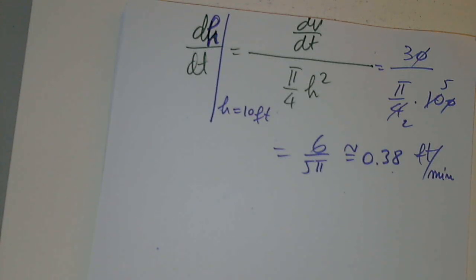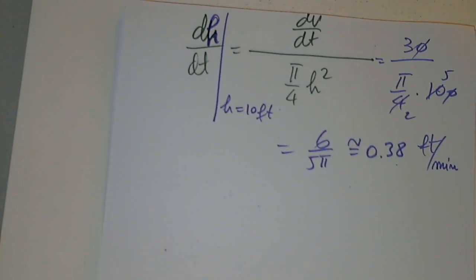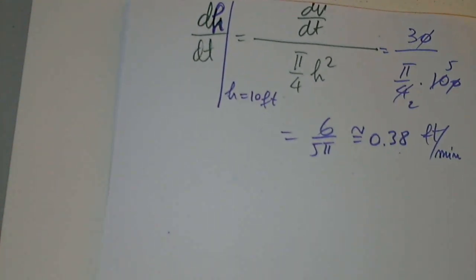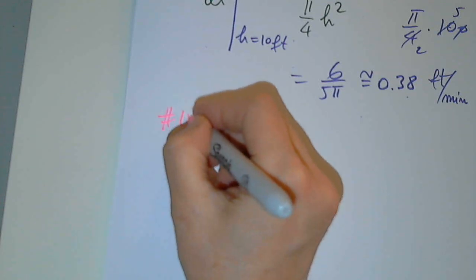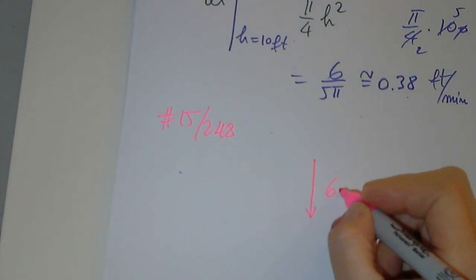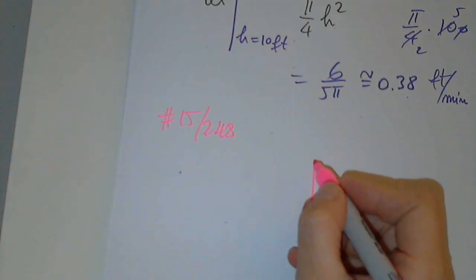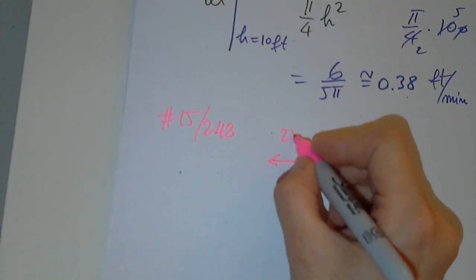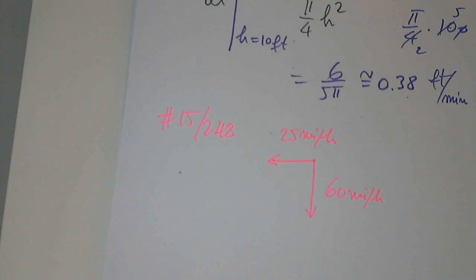So south at 60, west at 25 miles an hour. So this is 15 on 248. South at 60 miles per hour, west at 25 miles per hour.